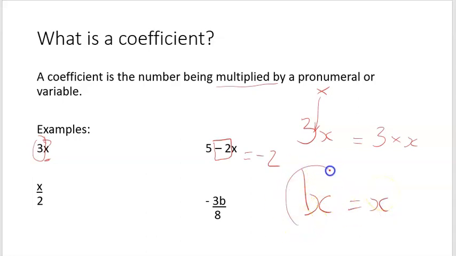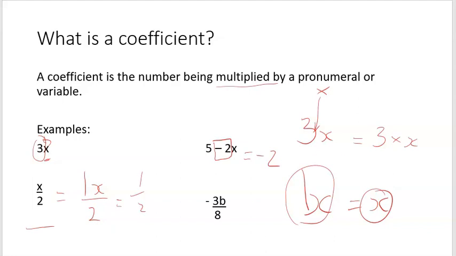You will never see 1x written in any algebra because x on its own is 1x. So if we go back to this fraction, that x on its own is the same as 1x over 2. Therefore, the coefficient of that x is actually a half.